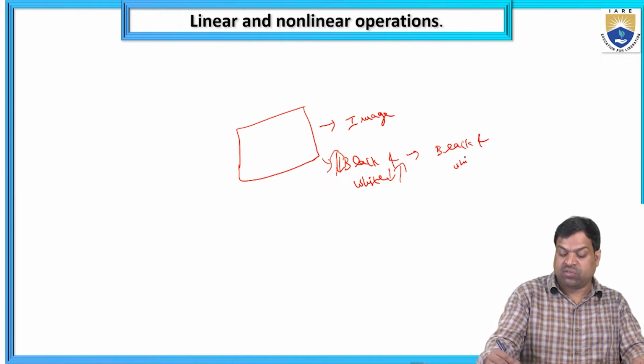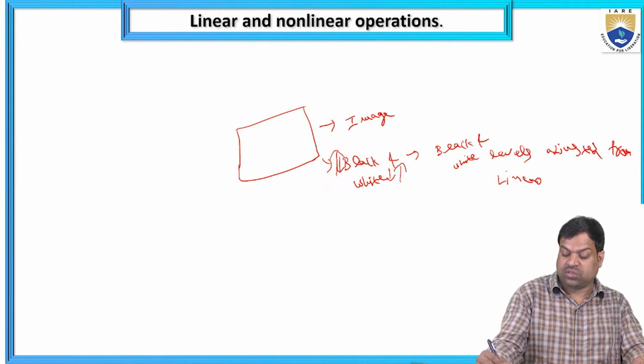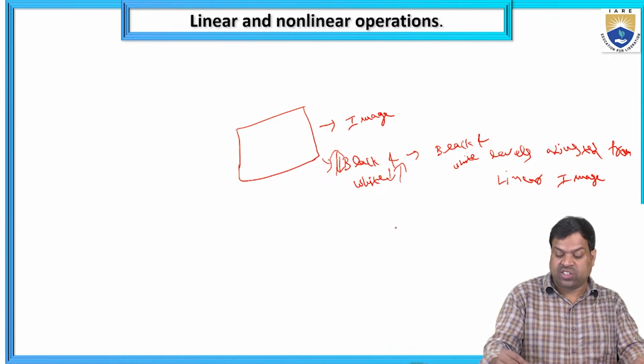Black and white levels are adjusted from the linear image. What black and white colors we adjusted from the linear, that is non-linear.